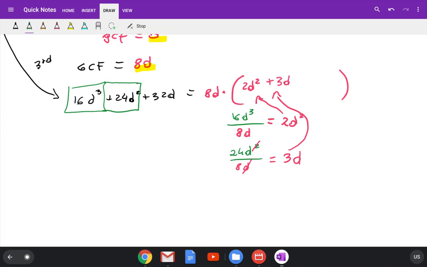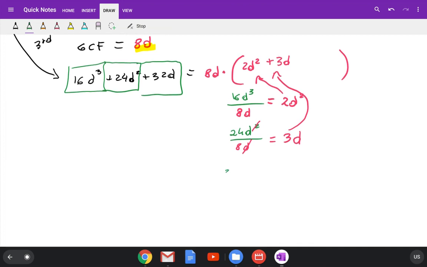And last one, take the last original term, 32d, and divide by the GCF, 8d. 32 divided by 8 gives you 4, and d will cancel. So that 4 will be in the parentheses.